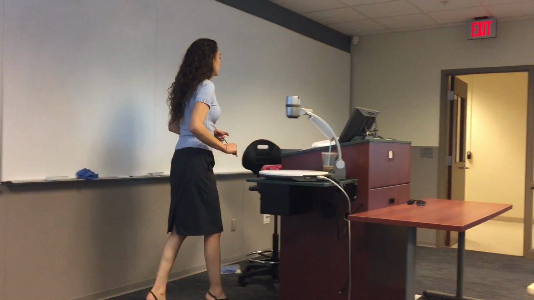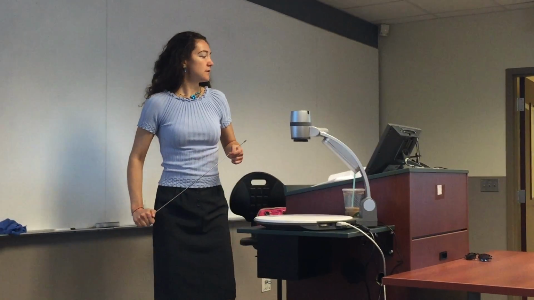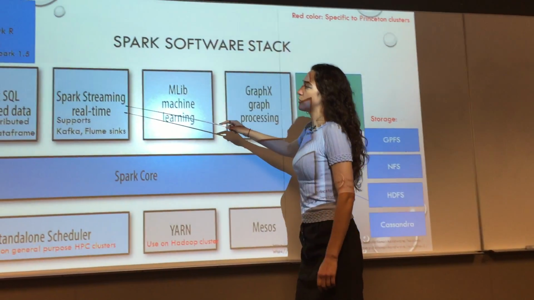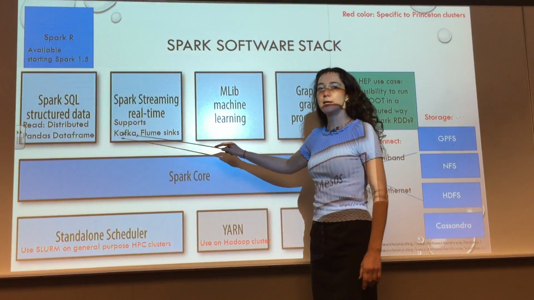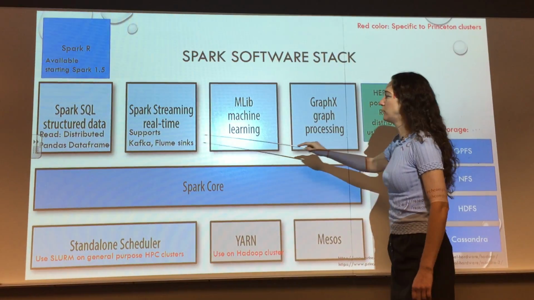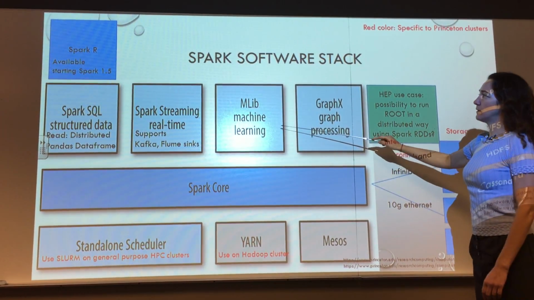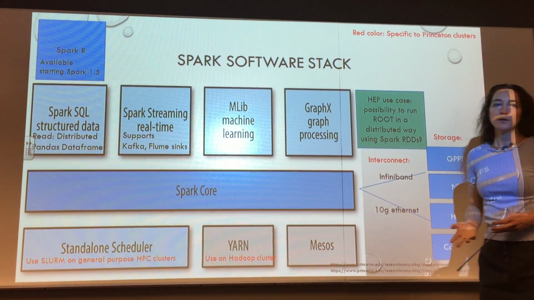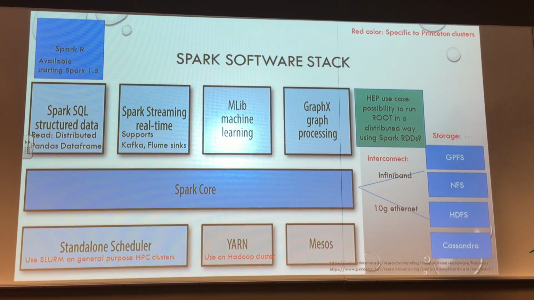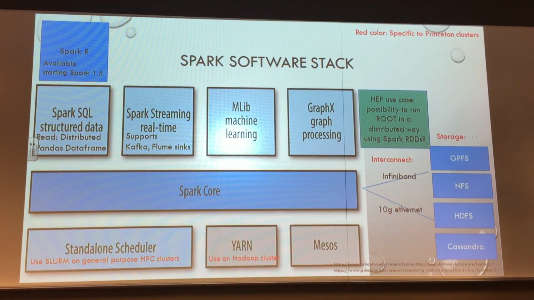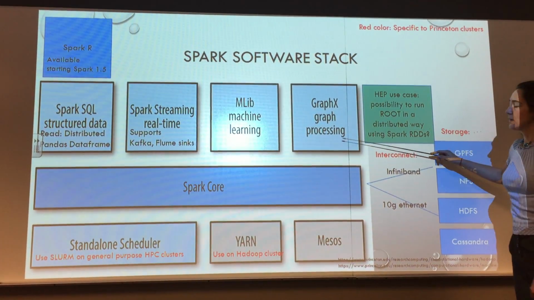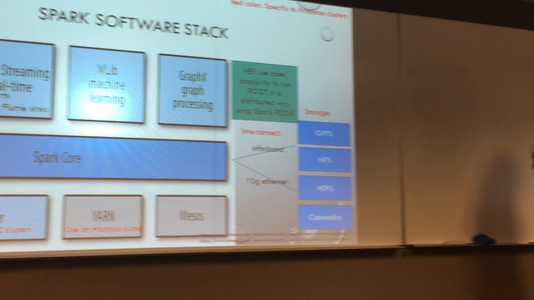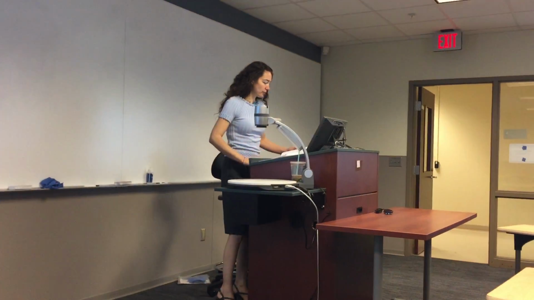And so it manages the stream, and if there are any issues, it can repair them. So the streaming library can integrate with that. Also Flume. The other library is the machine learning library. We have seen it for classification and clustering and linear regression and other machine learning tools. And then GraphX is for processing large graphs. So this is how the software stack looks like.